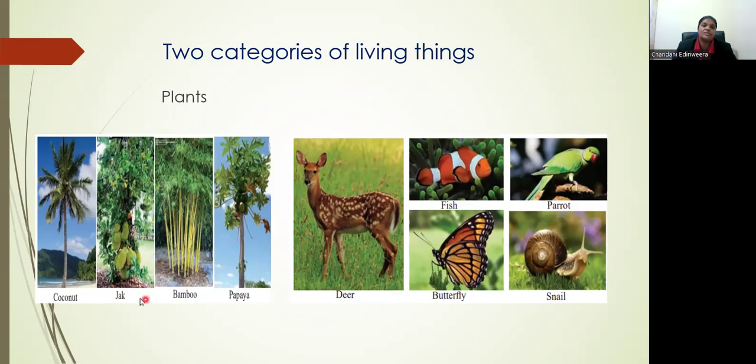So these are some examples for the plants. Other than that one, there are some more examples also there. And animals, you can give some more examples other than this deer, fish, the snail, butterfly, and the parrot as well. So that means we can divide the things under the two categories, the plants and the animals.